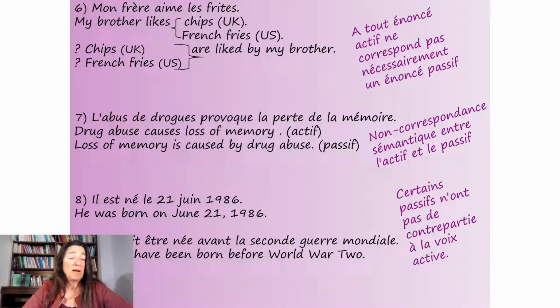And it is not possible to express these sentences with the active voice. Therefore, some verbs can only be used in the passive voice, and there is no corresponding active voice. So all these elements can help us have a clearer picture of the relationship between active and passive voices.